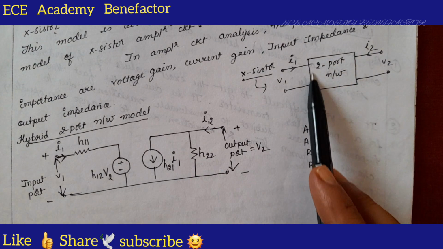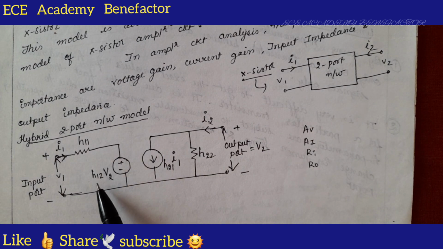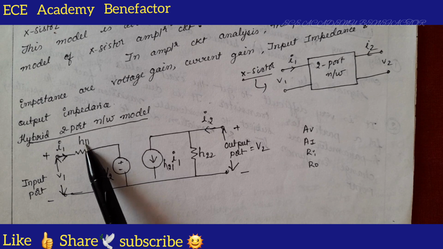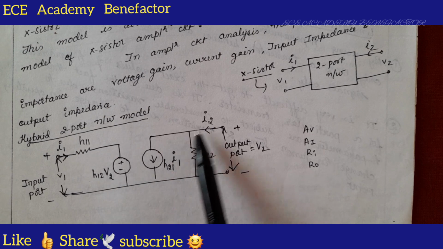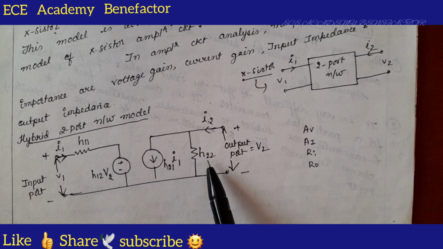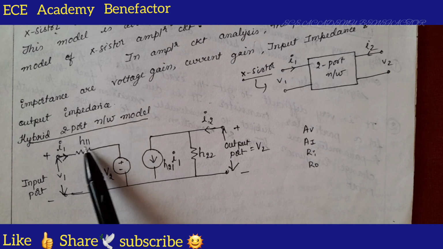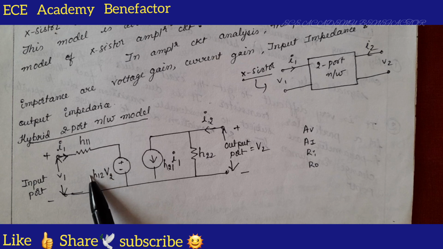We replace this two-port network by the four parameters H11, H12, H21, H22. At the input side we use the first number 1, and at the output side the first number 2. So H11 and H12 belong to the input side.